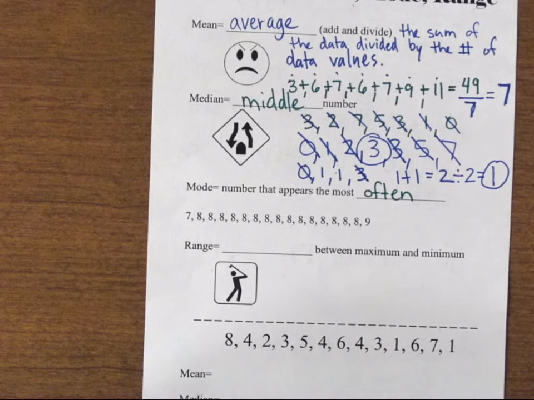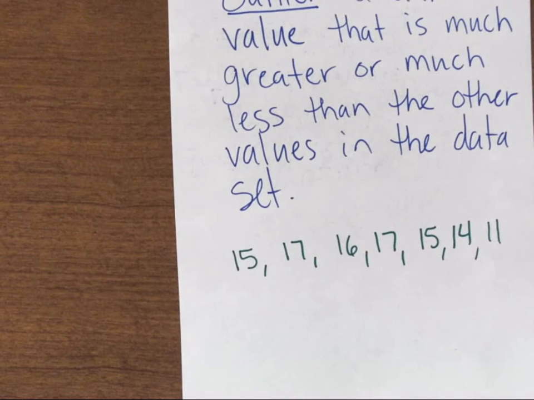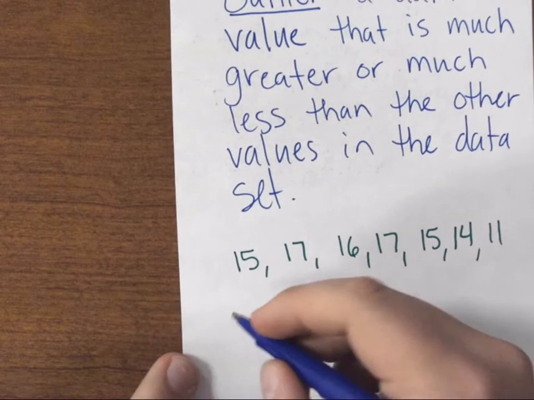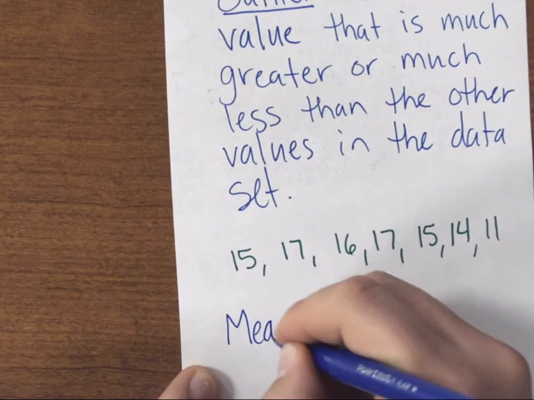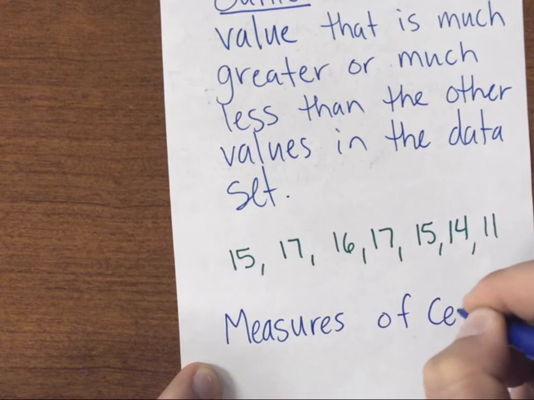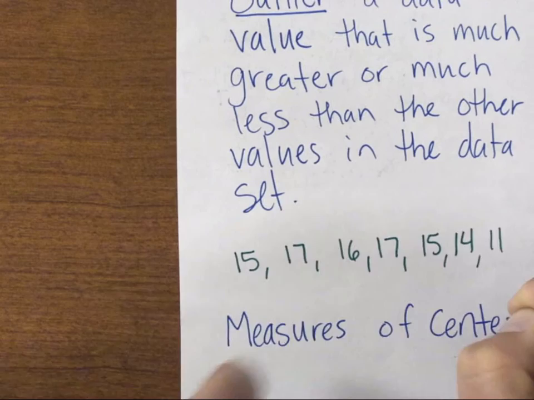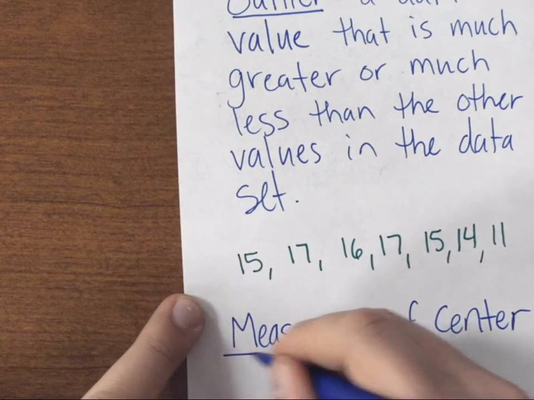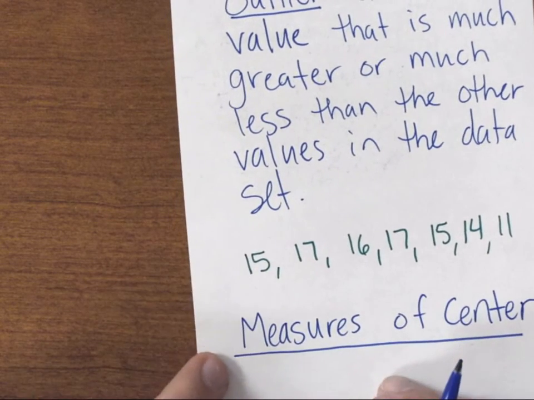Okay, very good. So when we're talking about these three measures of center, I want you to just add to your notes. When we're talking about measures of center, I want you to put a definition for that.